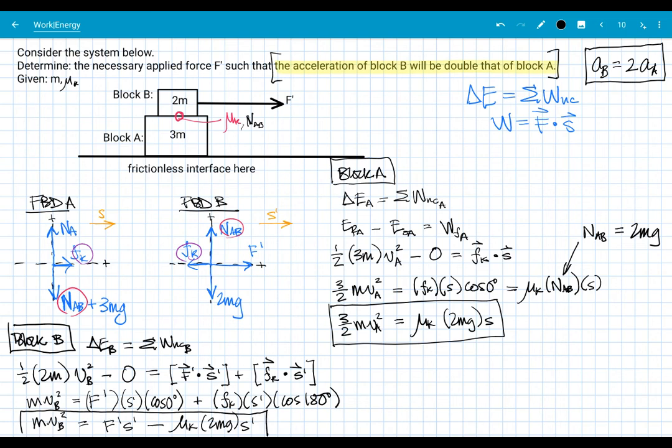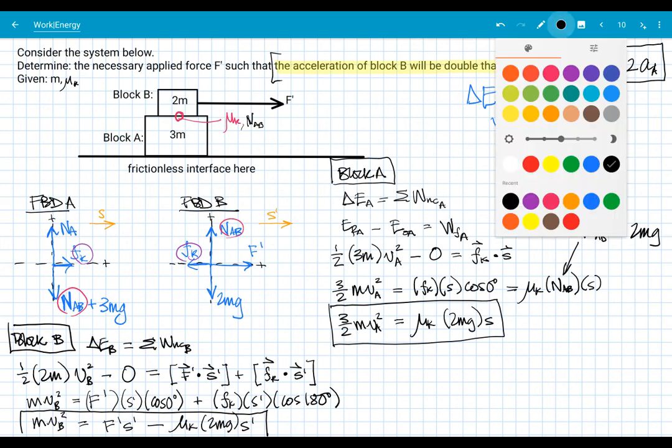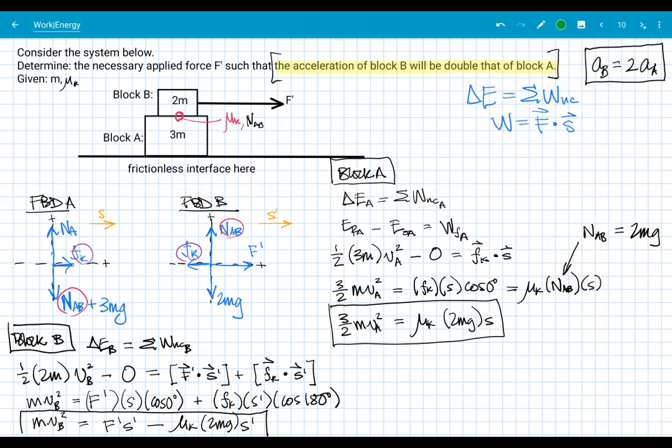So I have three equations now, but if I pause and look at what my unknowns are, I think I still have too many unknowns, right? So what are my unknowns?